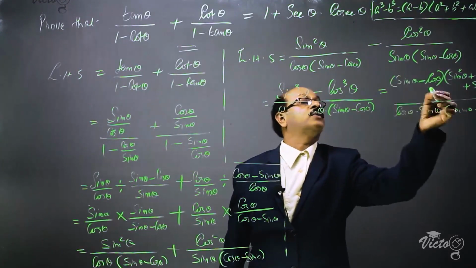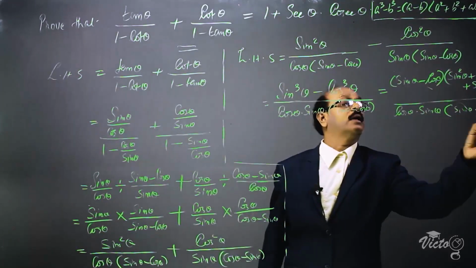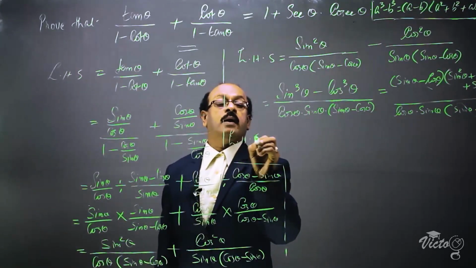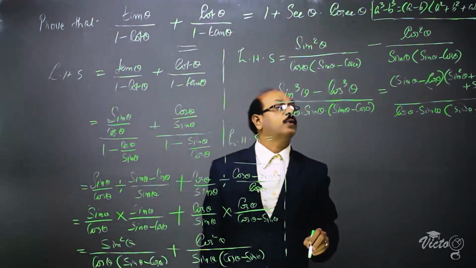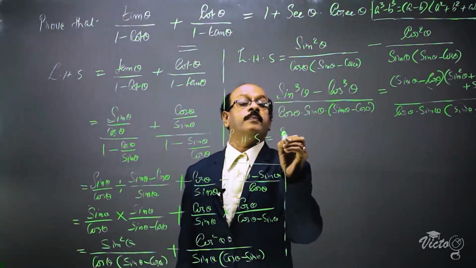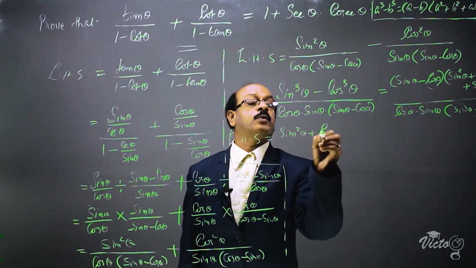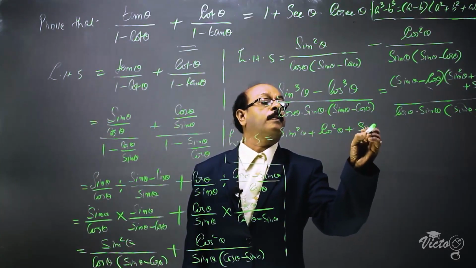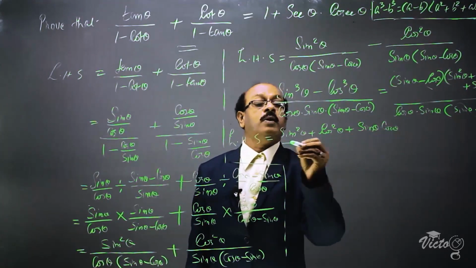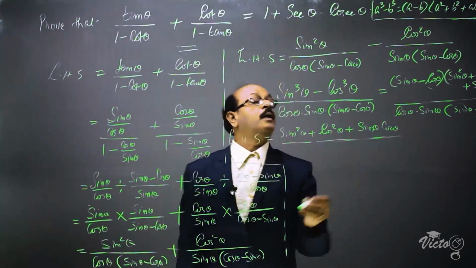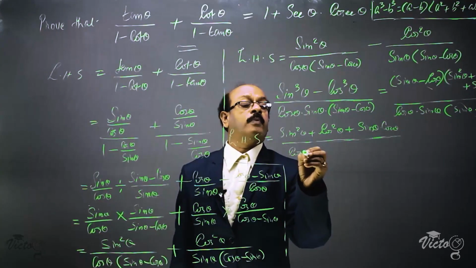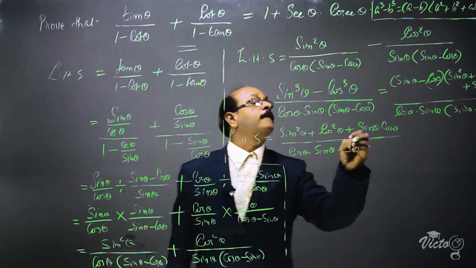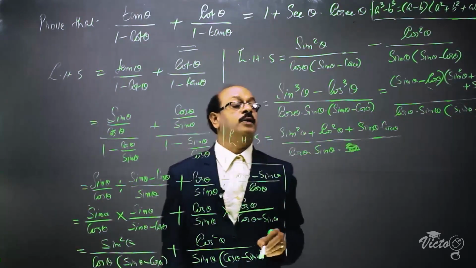This sin theta minus cos theta and sin theta minus cos theta can be cancelled. What is the remaining factor? LHS is equal to (sin square theta plus cos square theta plus sin theta cos theta), the whole divided by cos theta into sin theta.